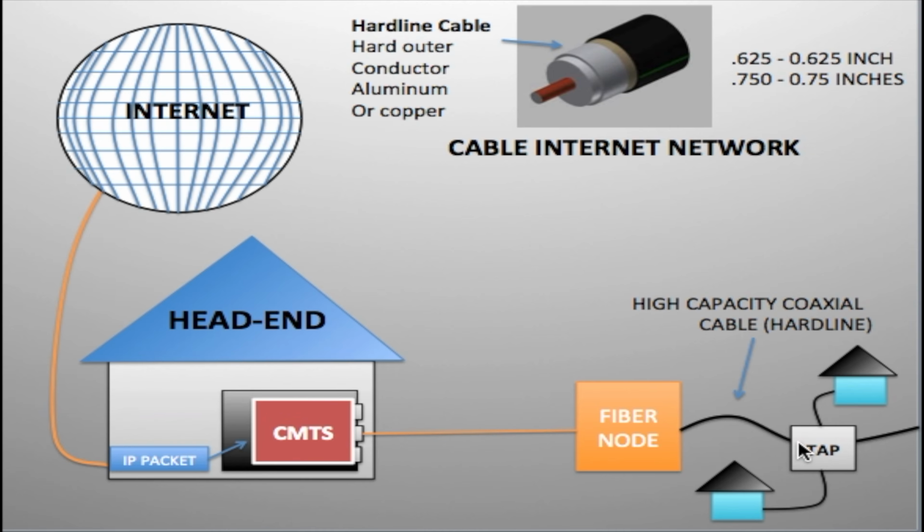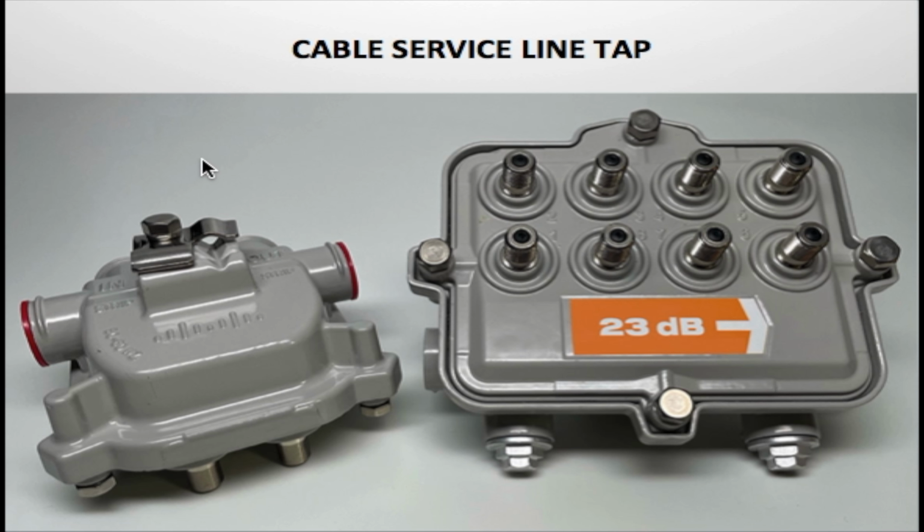Now, in order for individual subscribers to connect to this hardline, we have something called a tap, which is connected to the line, and then individual subscribers' cables, RG6 or RG11 cable, will be connected to this tap. Now this is what the taps connected to the lines look like.